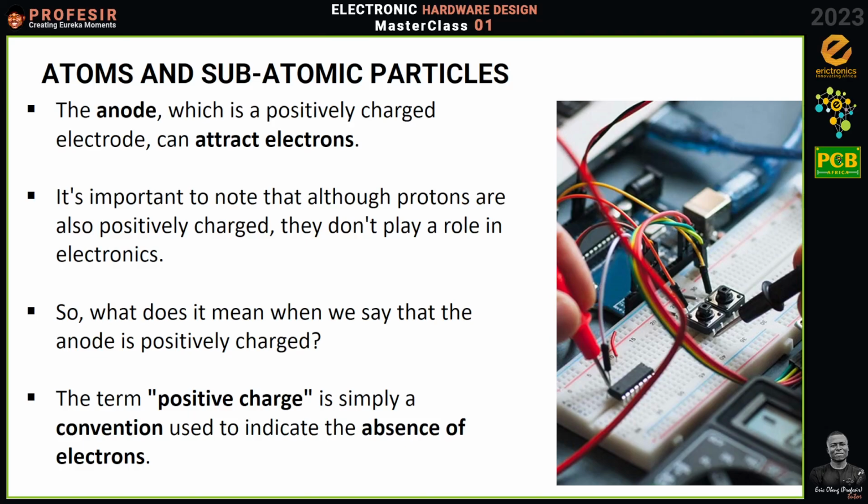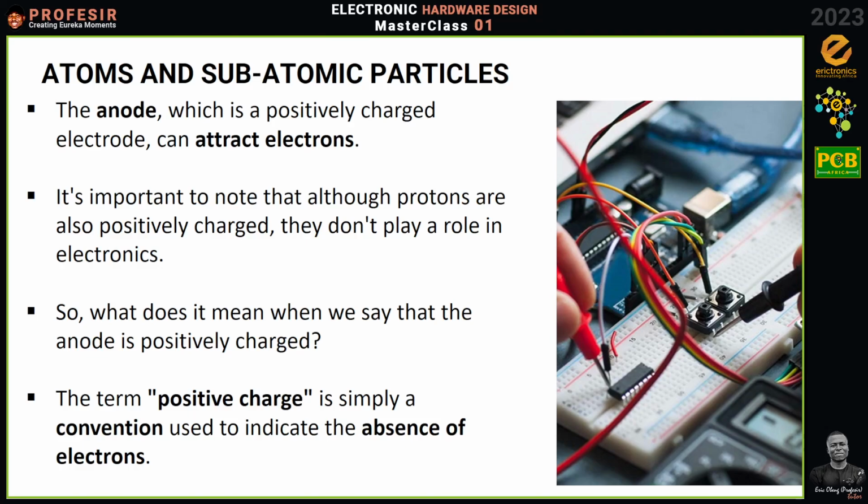Now how is this so? If you take any atom, let's say copper, I think copper is the 29th element, the atom would have an equal number of protons, which are positively charged, and electrons, which are negatively charged. So far as the number of positive charges equals the number of negative charges, we have a neutral atom, because the total positive effect is cancelled by the total negative effect of the electrons.